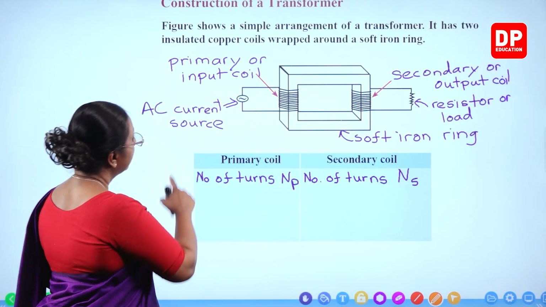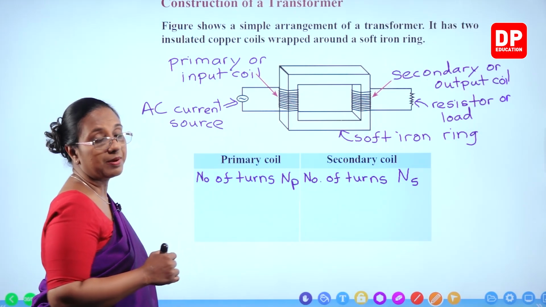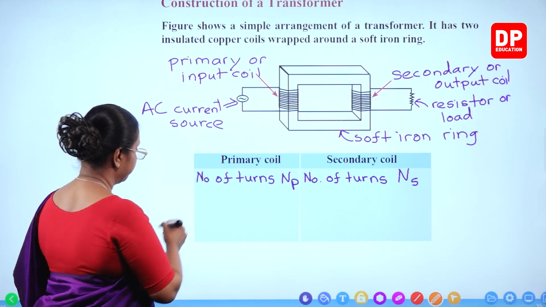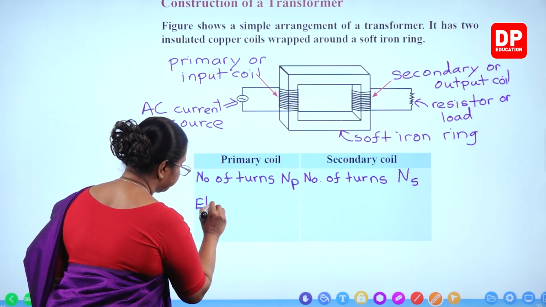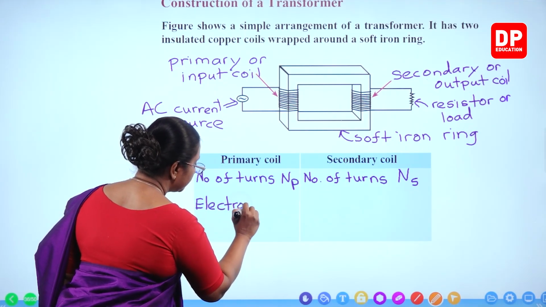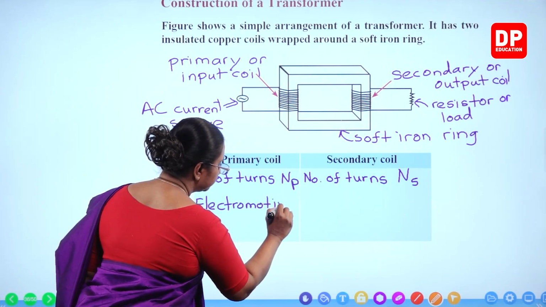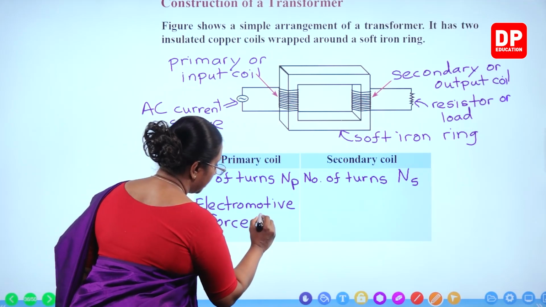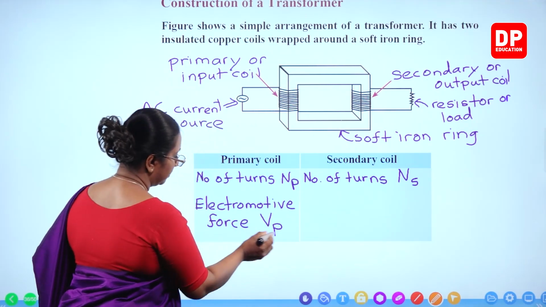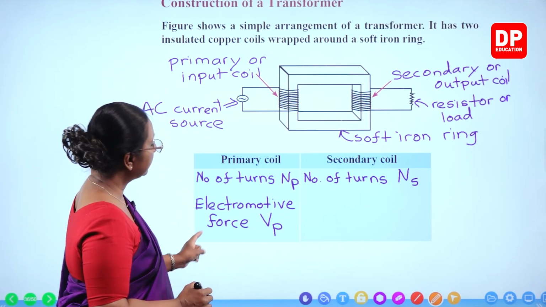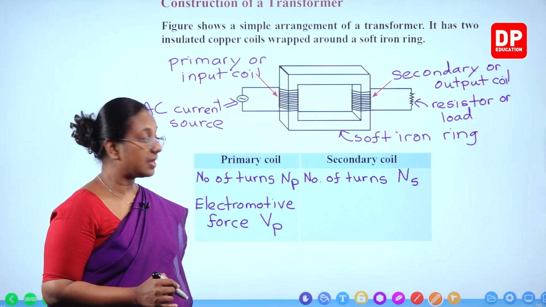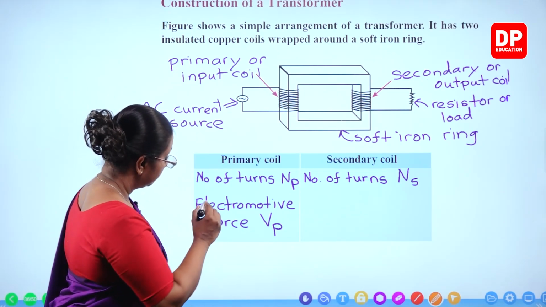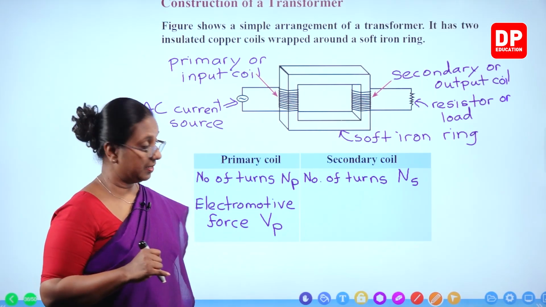The same way, the potential difference that is applied to the primary coil is indicated as Vp, or electromotive force. That is, to the primary coil, the electromotive force that is applied is denoted as Vp, voltage primary.